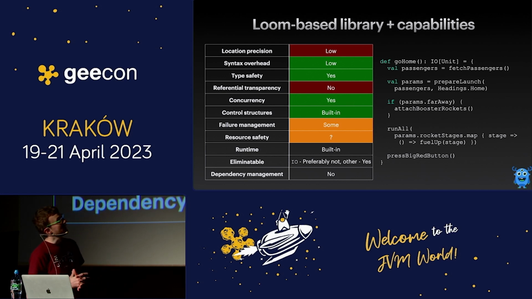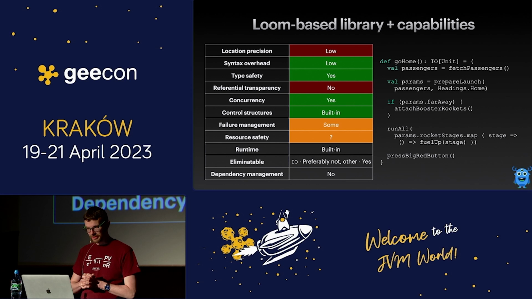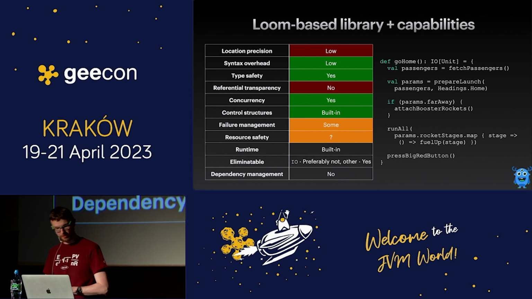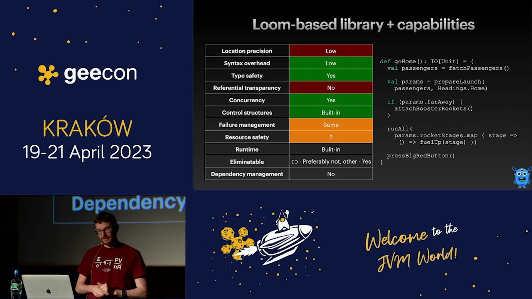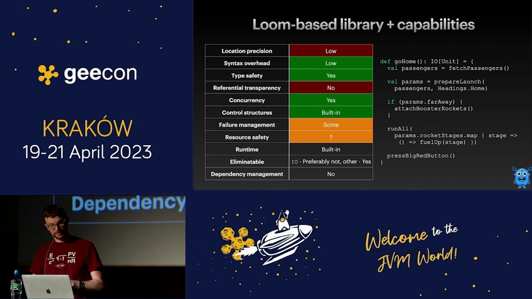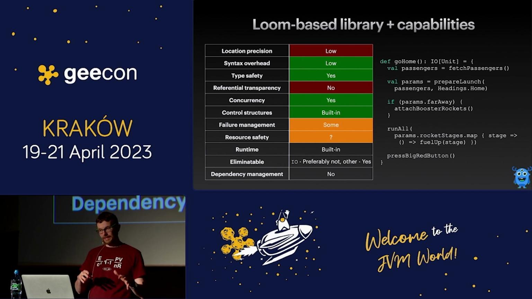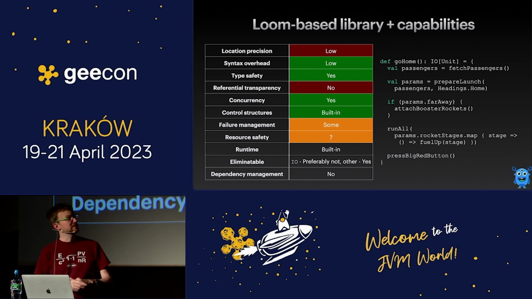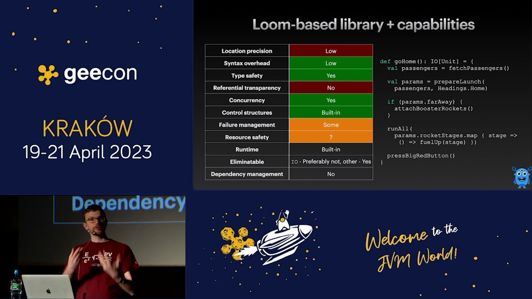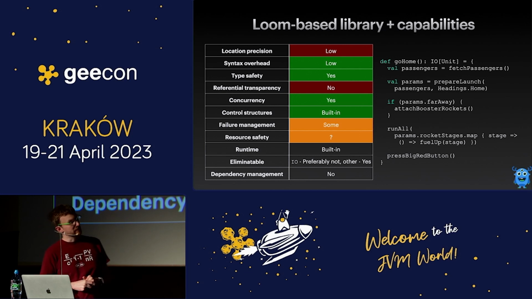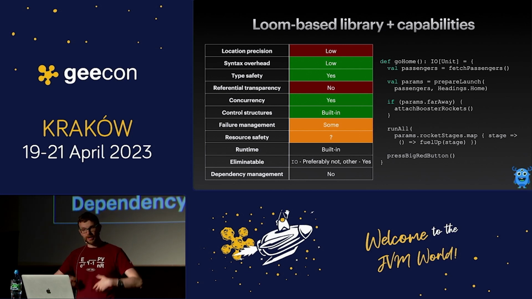So here we have an imaginary library in an imaginary language, which is based on Project Loom. The idea here is to use capabilities. So we will use capabilities as defined in a possible future extension of Scala. And these capabilities are kind of tokens. They are implicitly added tokens. And for example, the fetch passengers method over here would declare that it requires an I/O capability, right?